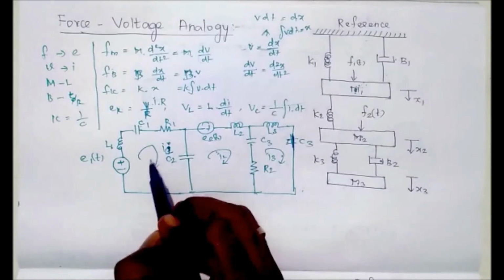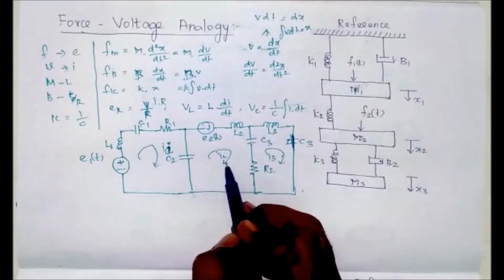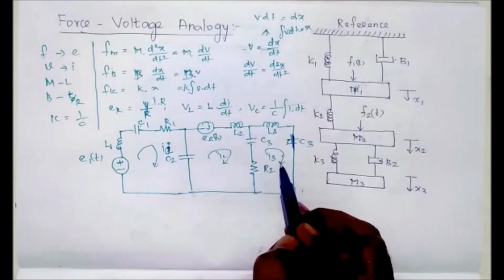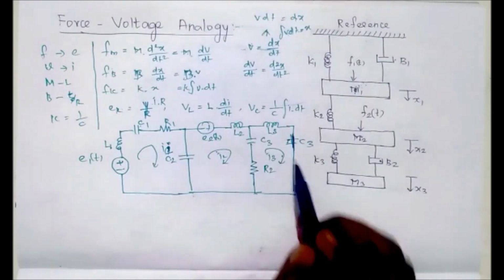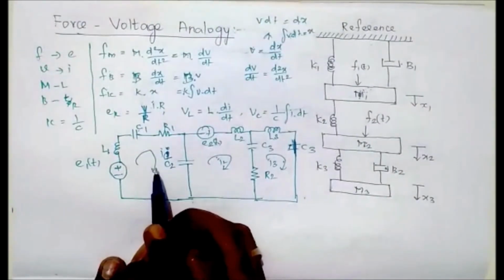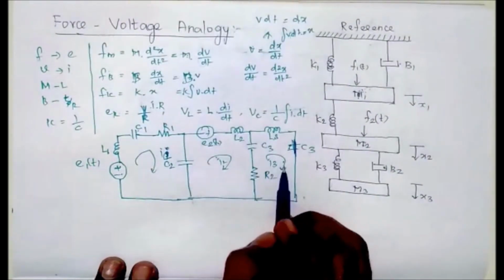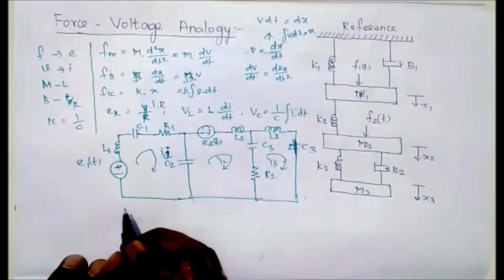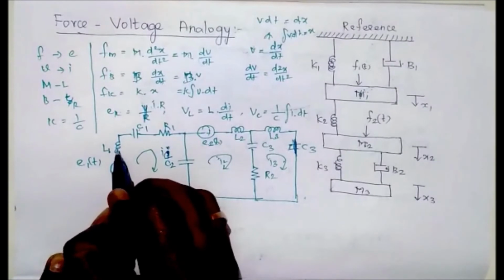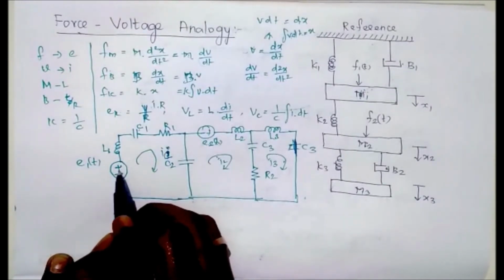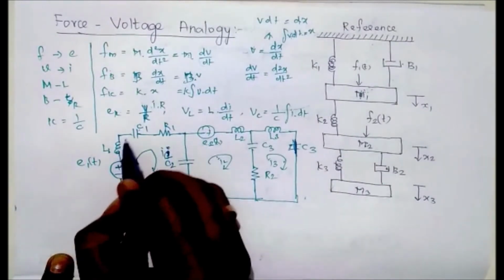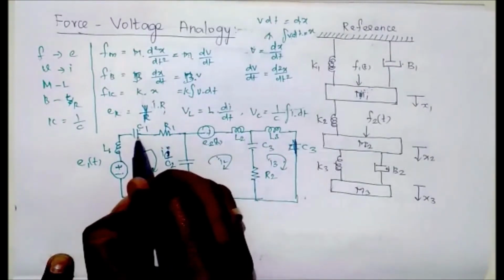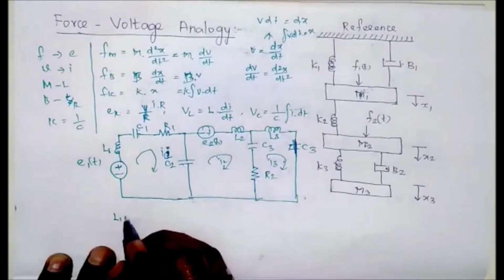The current flowing through the first loop is I1, through the second loop is I2, and through the third loop is I3. Next, we have to write the equation for all three loops. First we take this loop. This is the input voltage, and there are drops across this inductor, this resistor, and these capacitors.